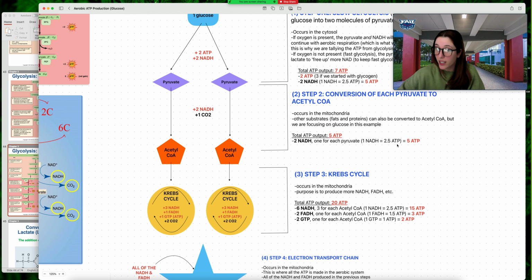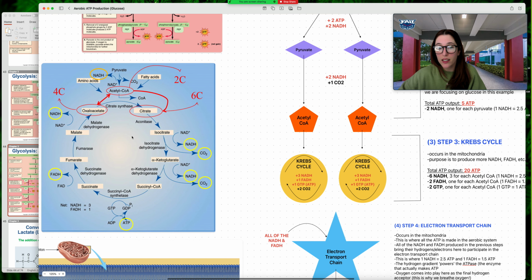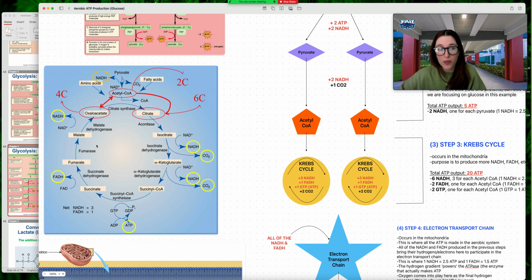So for 2 NADH, it's 5 ATPs. Now, each one of those acetyl-CoAs are going to go through the Krebs cycle, right? Here's where we're talking about right here. So each acetyl-CoA goes through the Krebs cycle, and through that process, we produce some NADH, some ATP, some FADH, and some CO2, which again, we're not really talking about.